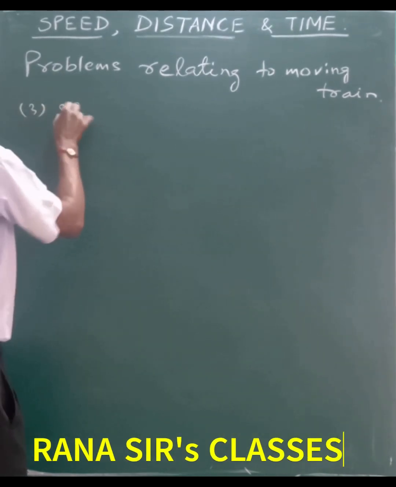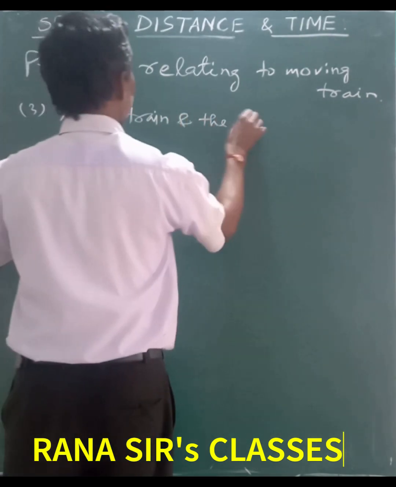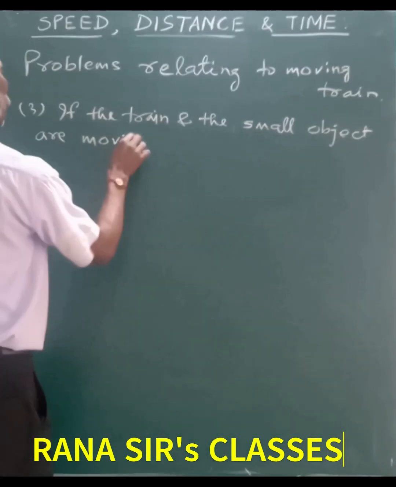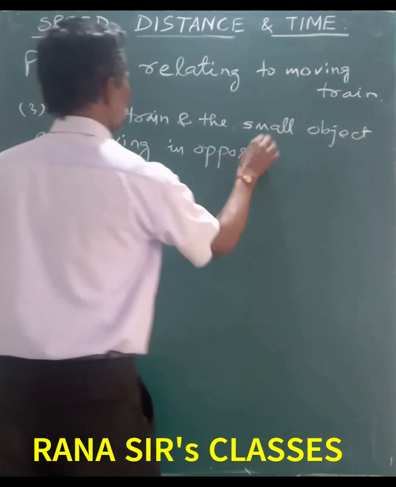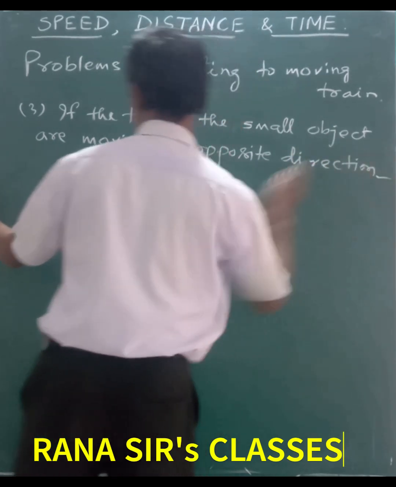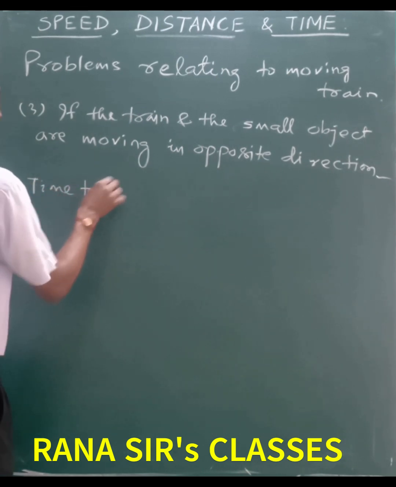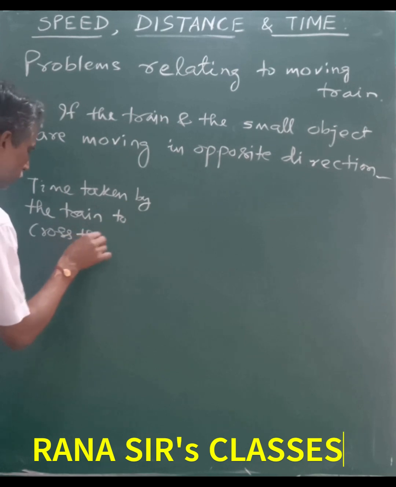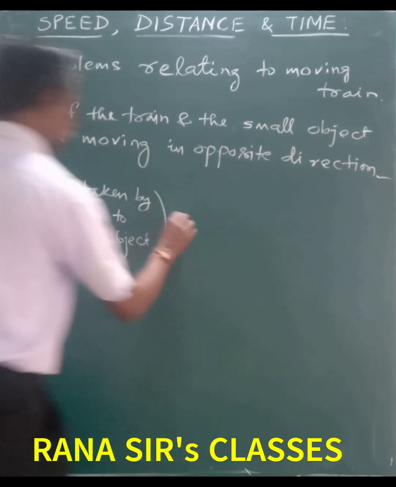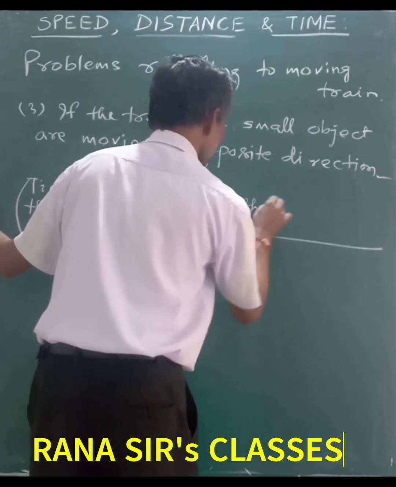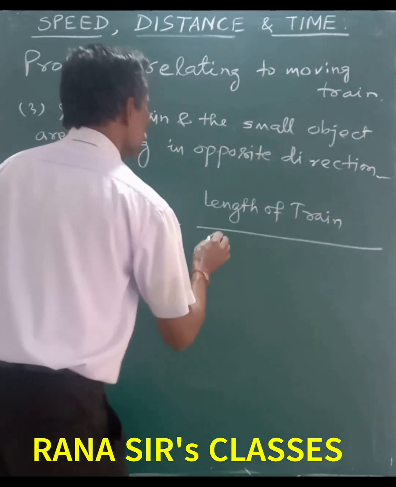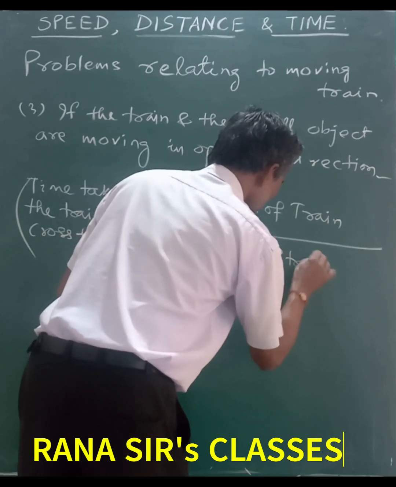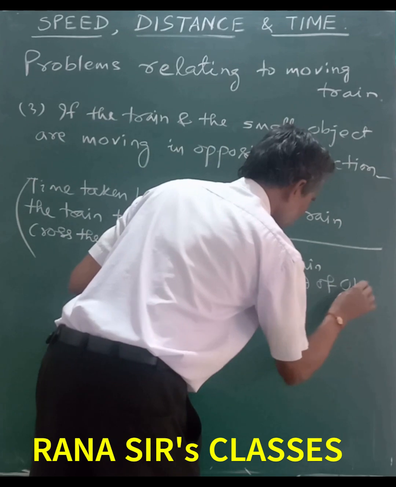If the train and the small object are moving in opposite direction, time taken by the train to cross the object is equal to length of the train divided by speed 1, that means the speed of the train plus speed of the object, that means the relative speed.